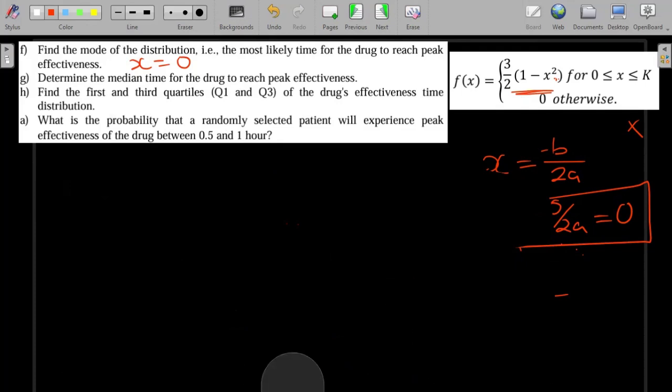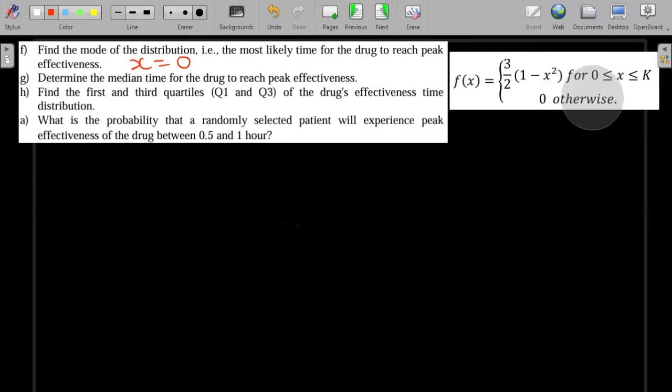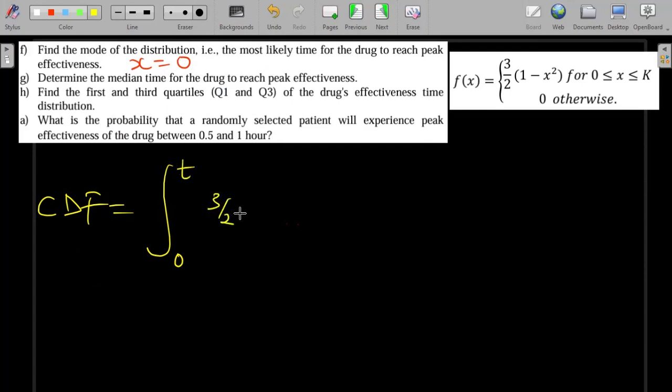And then the median. Whenever we are given the median, we first have to find the CDF. The CDF is equal to the integral from the lowest limit, which is 0, all the way up to a variable, let's say t, of our function dx.